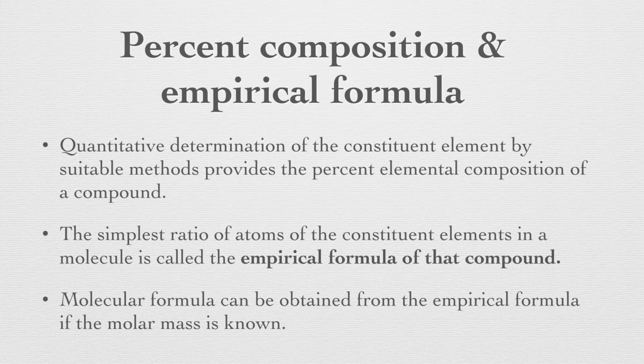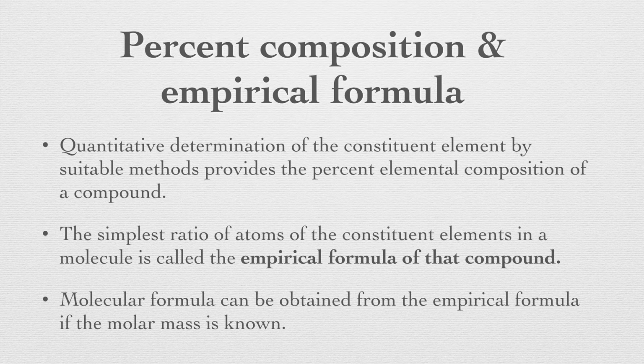Hopefully you understood the meaning of percentage composition and empirical formula. So what is the empirical formula? The simplest ratio of atoms of the constituent elements in a molecule is called the empirical formula of that compound. The molecular formula can be obtained from the empirical formula if we know the molar mass.